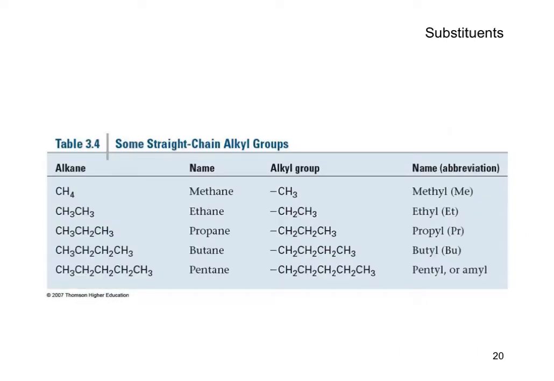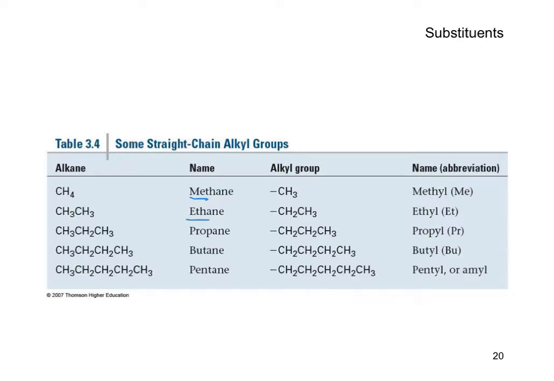So quick recap: methane gives you the methyl, ethane gives you the ethyl, propane gives you the propyl, butane gives you the butyl, pentane gives you the pentyl. I also want to emphasize the acronyms that we have here. Methane becomes methyl, so notice that we have taken advantage of just the first 2 letters.